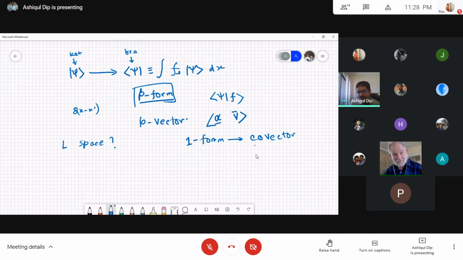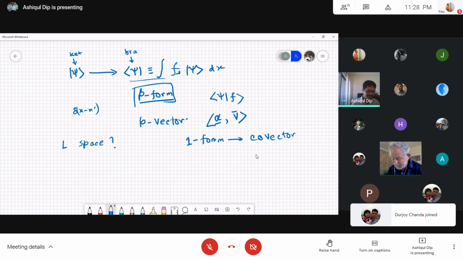But here alpha itself has geometric meaning that bras lack. Probably you can define it and have a meaning as well. Okay.